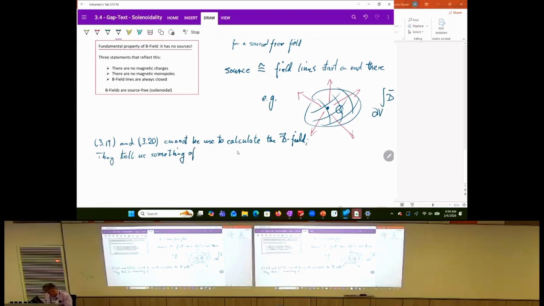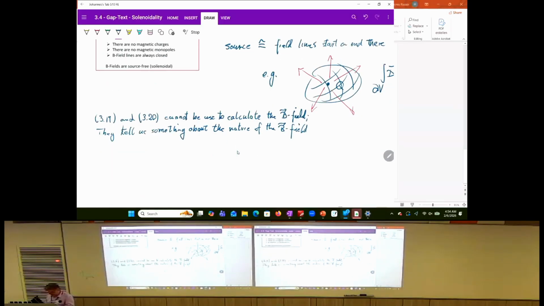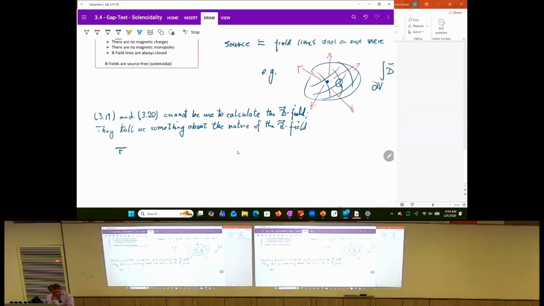And what is this something about the nature of the B field? What we have already hinted at, and what can be observed in experiments, is that if you have a current flowing somewhere, you get a circular B field around it.